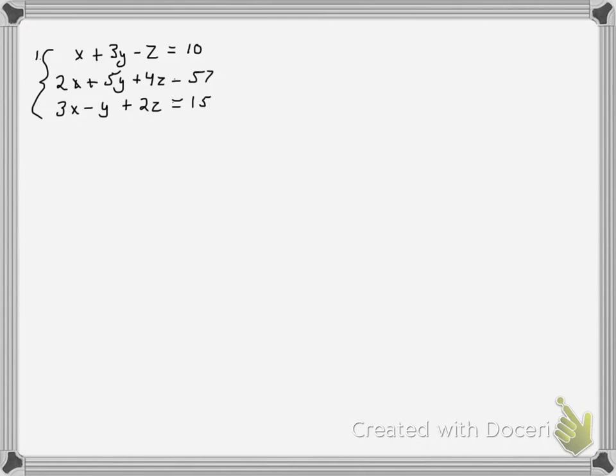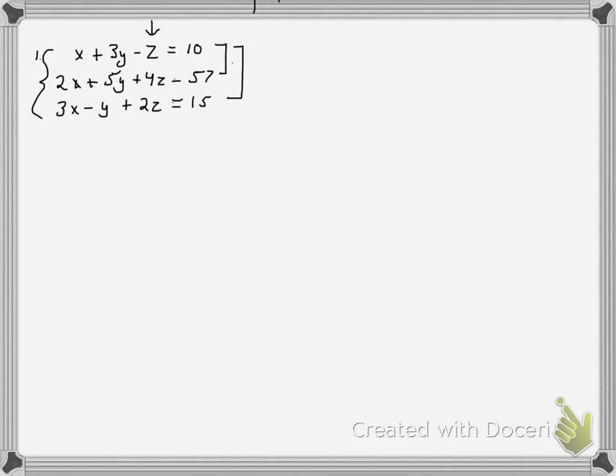So because I have a negative z here, I'm first going to eliminate z's by using equations 1 and 2, and then by using equations 1 and 3. It will require one multiplication each time round.